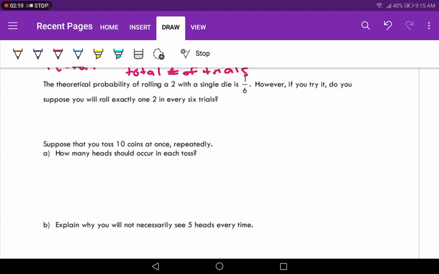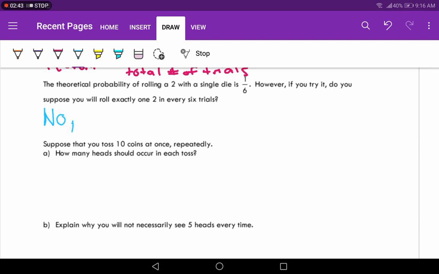Even though the theoretical probability of rolling that 2 is 1 in 6, if you try it, it's probably not going to work. Like if you roll a die 6 times, you're probably going to get 2 more than once, or maybe not at all. So no, we don't suppose that it will actually work.